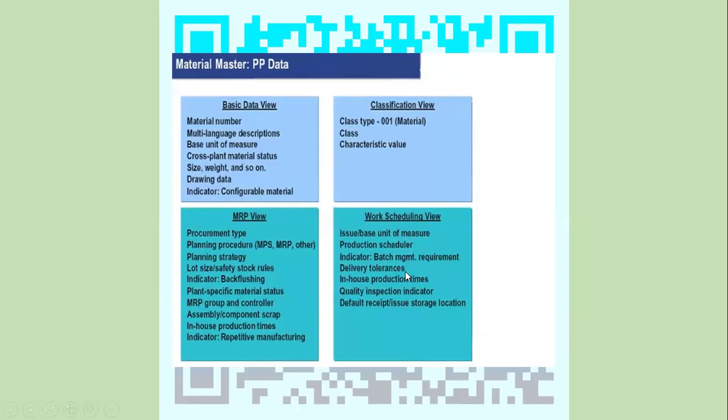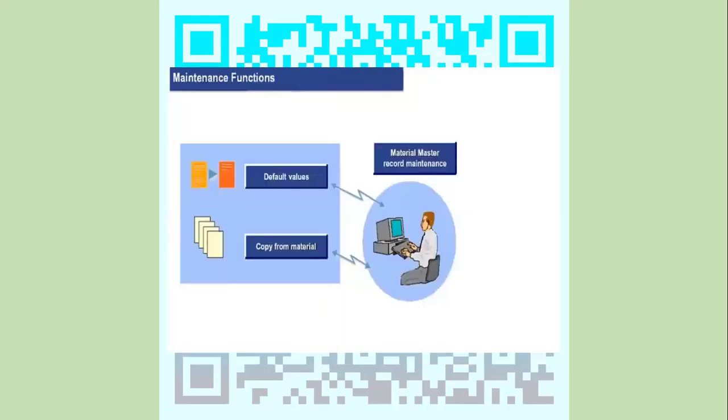We have 4 views. And in these 4 views, of course, there are many variables and processes involved. I'm going a little bit fast because our presentation is a little bit longer, so I have to keep it a little fast. Maintenance functions.